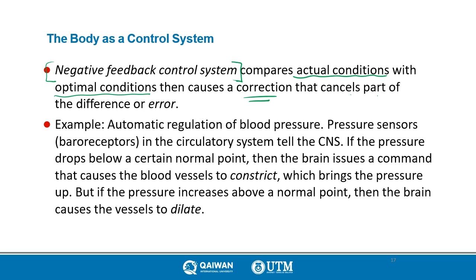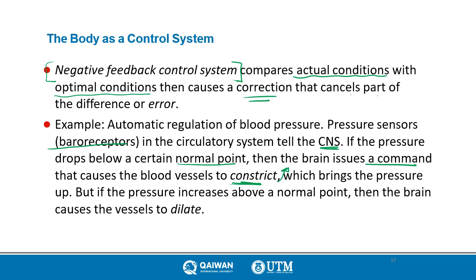As an example, the automatic regulation of blood pressure: sensors or baroreceptors in the circulatory system tell the CNS, the central nervous system, if the pressure drops below a certain normal point, then the brain issues a command that causes the blood vessels to constrict, which will increase the blood pressure.